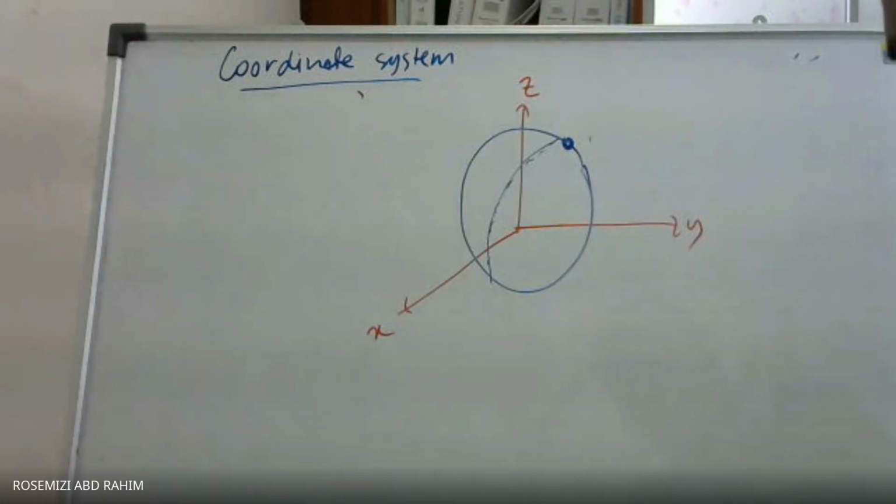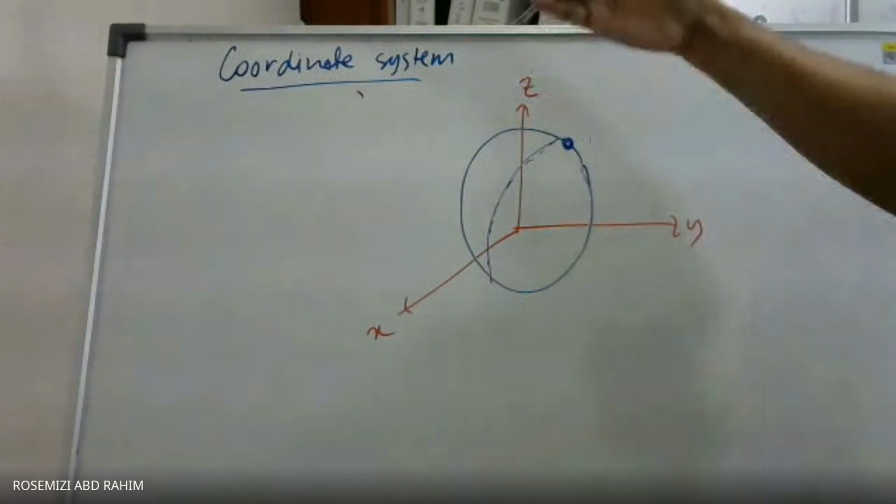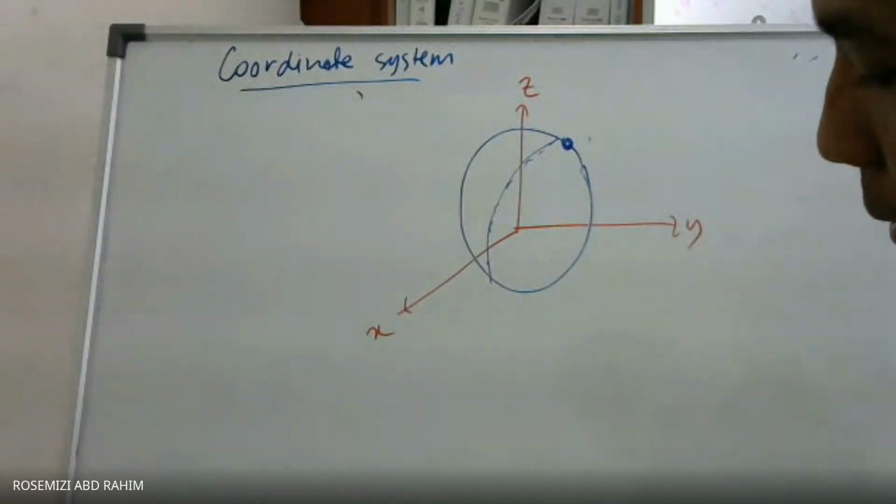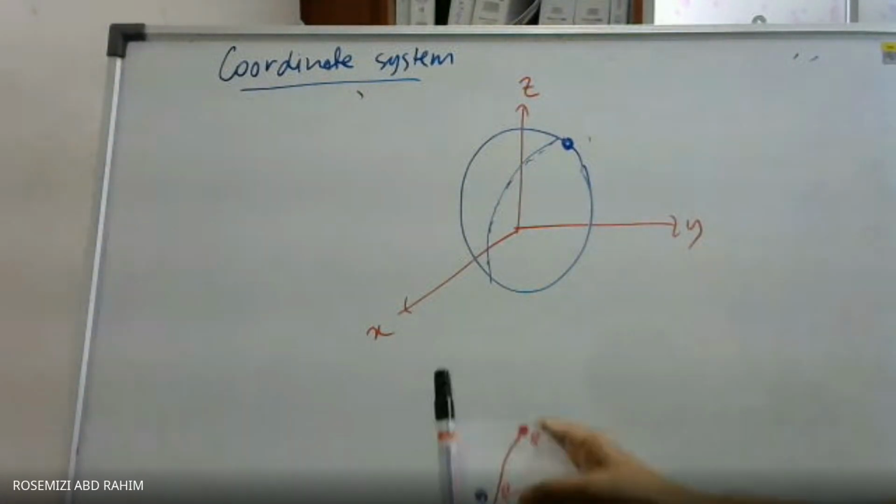So for the spherical coordinate system, if we cut this part and this part into quarters, what we can see is like this.